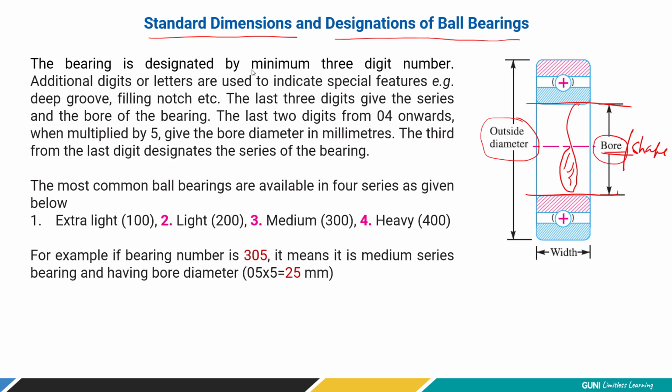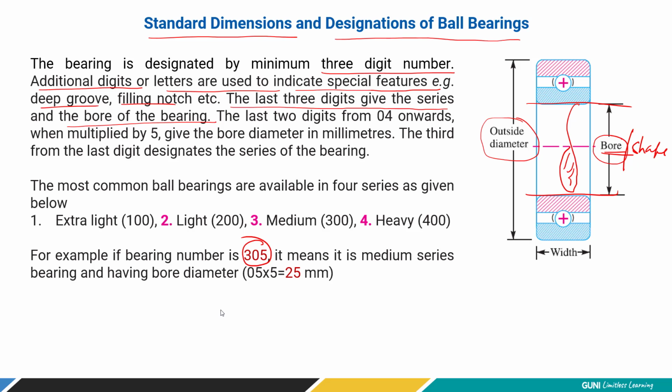The bearing is designated by a minimum 3-digit number. Let's say 3, 2, 5, or simply let's take this example, 305. Additional digits or letters are also used to indicate special features, for example deep groove, filling notch. The last 3 digits give the series and the bore of the bearing. This is very important.